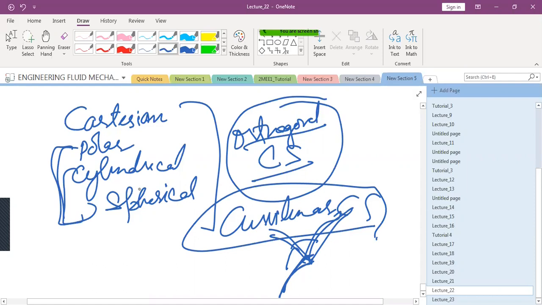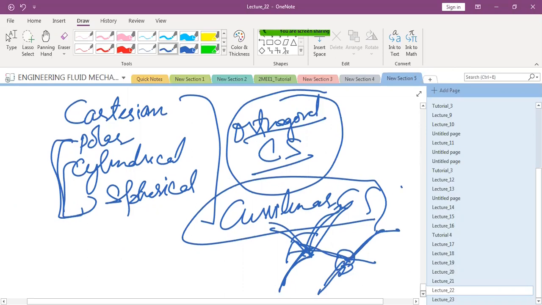Spherical is a little bit curvilinear, and cylindrical. In the actual sense, a curvilinear coordinate system means you have three directions which may have different angles between each other, and also they may not be straight lines as you have in Cartesian coordinates.